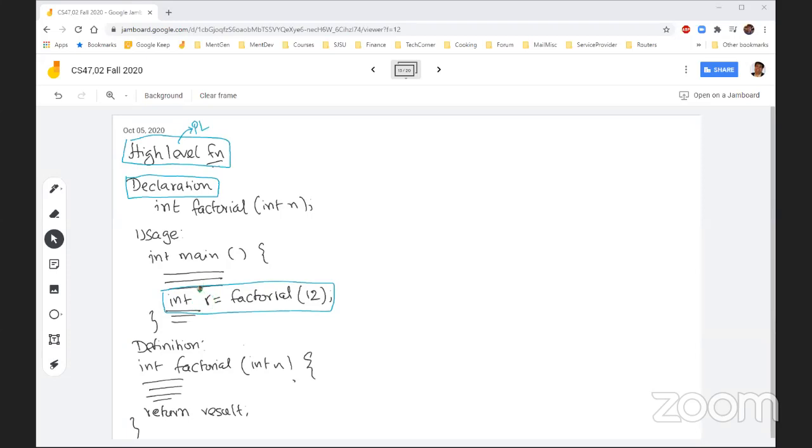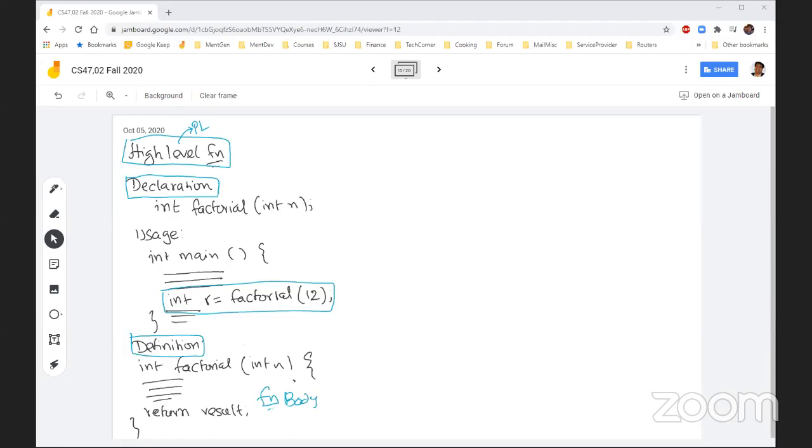And then we have the definition, the function body. So in a high-level programming language, it's not only a concept like reuse of code, but it also follows certain syntax and semantics in the grammar.